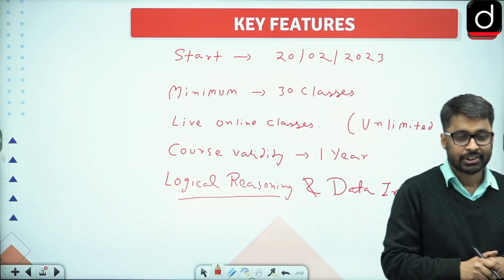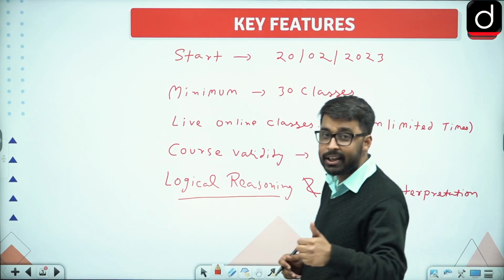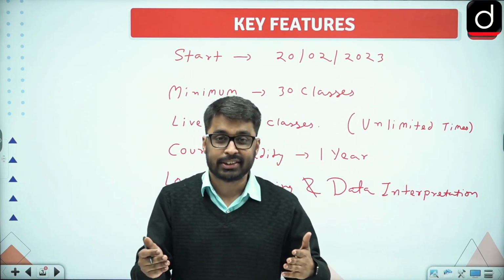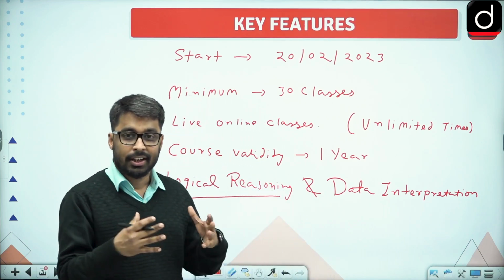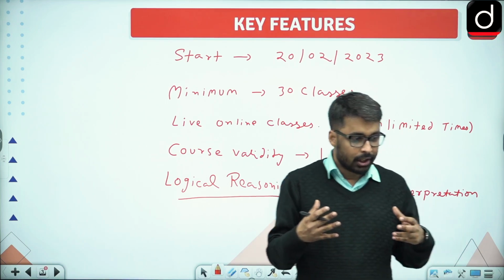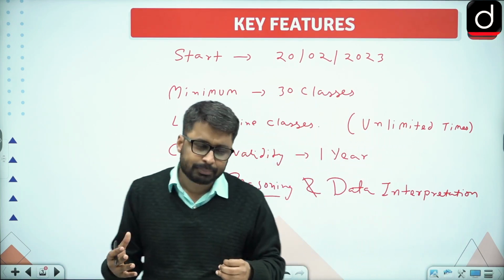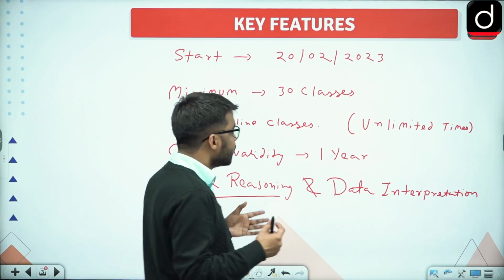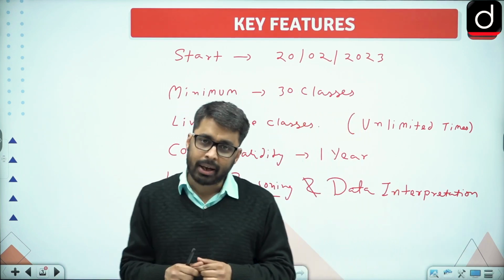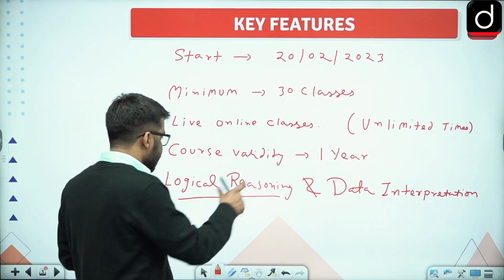When it comes to CSAT, this is a high scoring area. Generally, we prefer logical reasoning questions more and more, because we can solve these questions with just some general knowledge. And data interpretation is slightly more inclined towards your mathematics part, but I will be taking this portion as well.